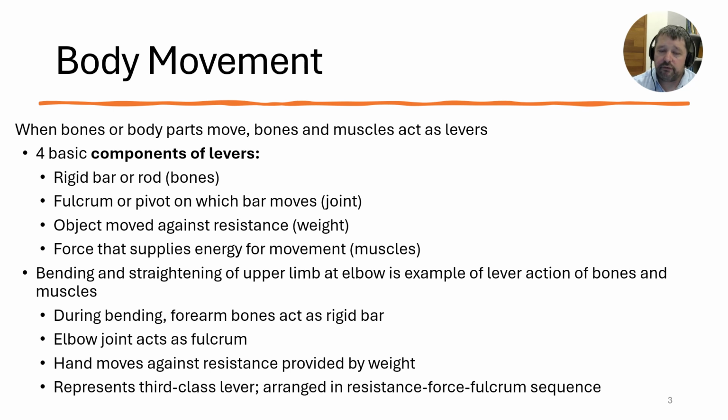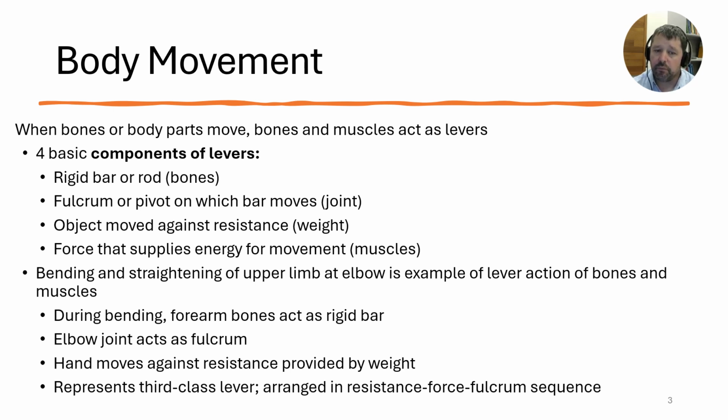So we can look at examples of this, and I'll show you some photos or diagrams of this. But when you're bending or moving, especially things like your arms and legs, this is kind of how the fulcrum or lever system works. Okay, so during the bending, the forearm bone acts as a rigid bar.